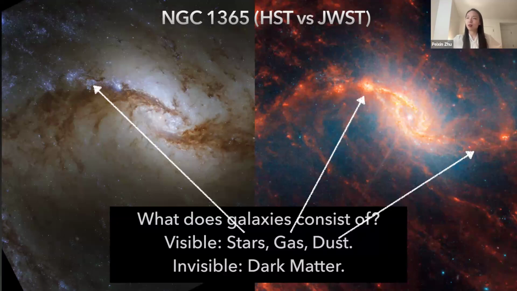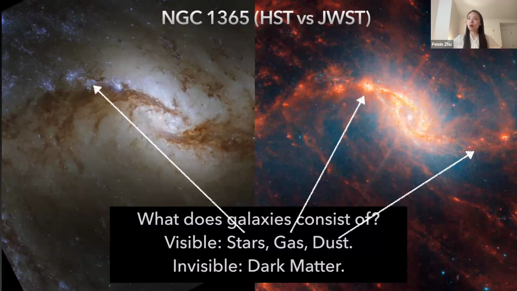And why do these emissions or lights come from these three kinds of visible matter? That's something that astronomers have spent decades of effort to understand, to learn from this light or brightness at certain wavelengths the structure and the parameters of the stars, gas, and dust. Basically, the visible matter of galaxies.